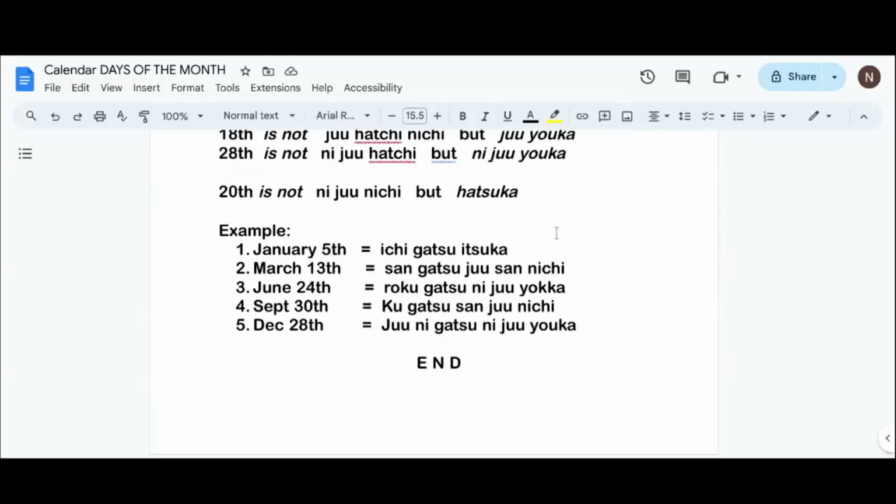So for example, for January 5th, ichigatsu itsuka.